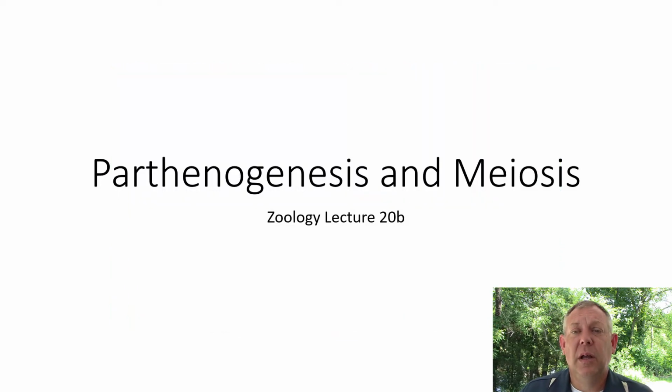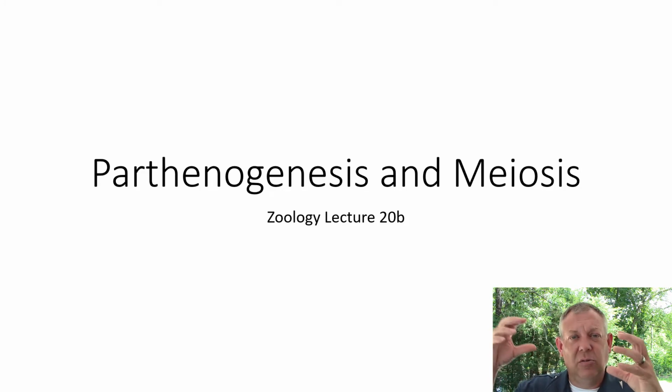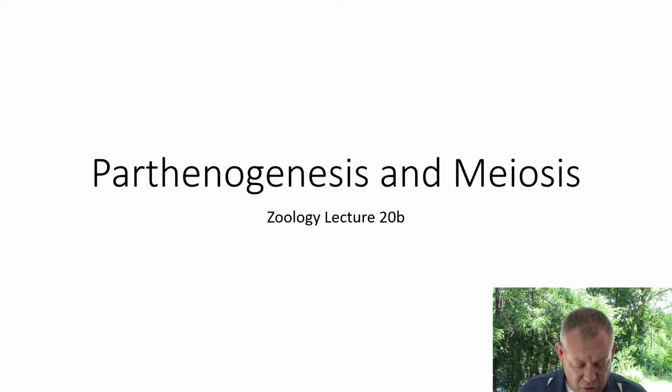We talked about a lot of examples of snakes that produce babies parthenogenetically, and so I wanted to walk through the steps of meiosis and show you how this can happen, because I think it's interesting. This is why we want you to understand the steps of meiosis and mitosis, because then you can explain and understand things that you see in nature.